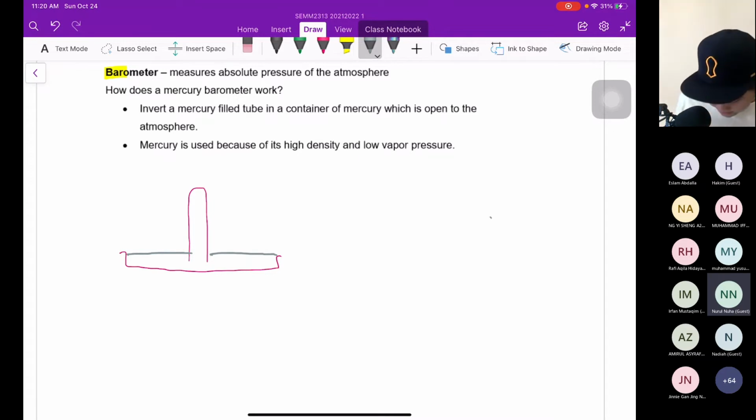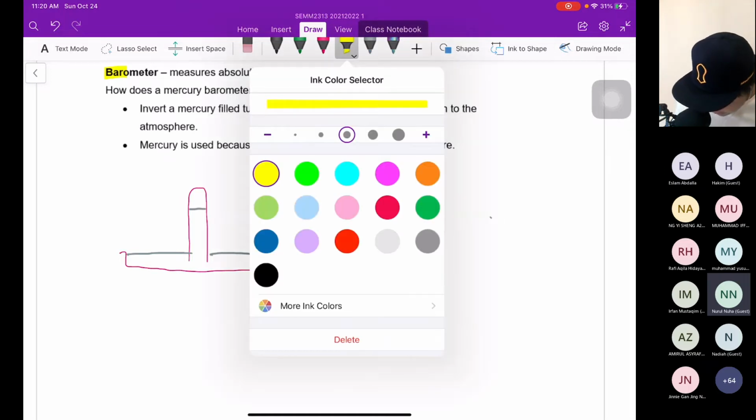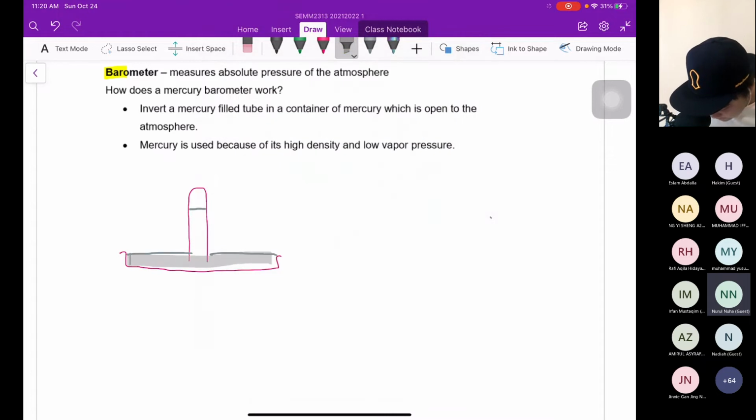Okay, and this is what happens when we invert the mercury. It will be filled like this. Okay, this is mercury, just imagine.